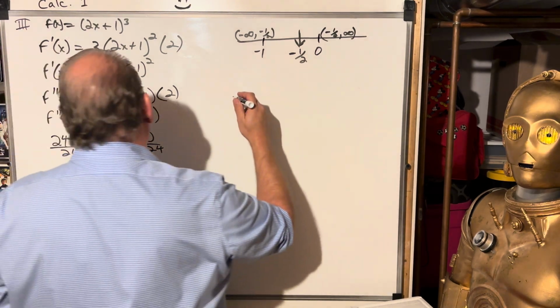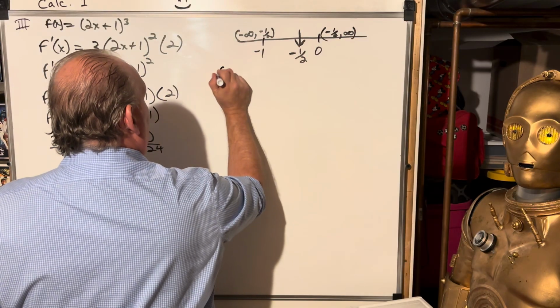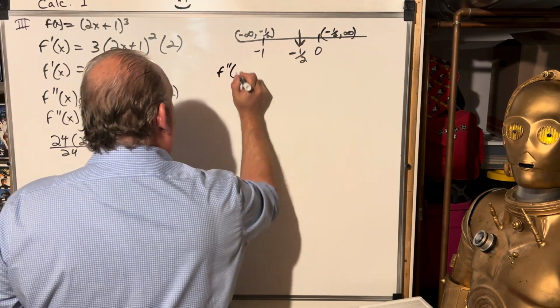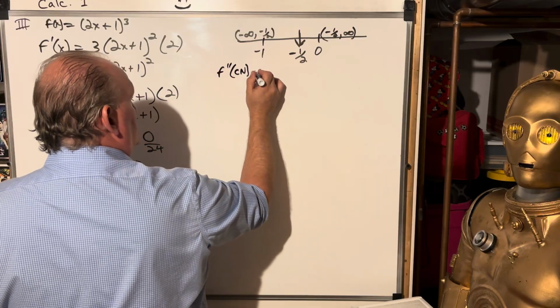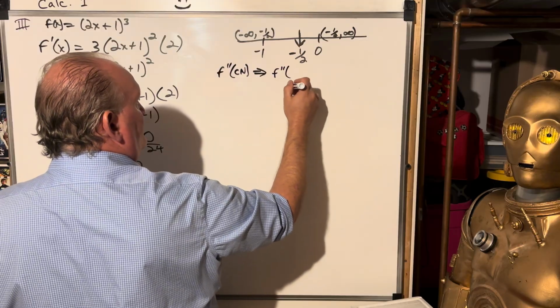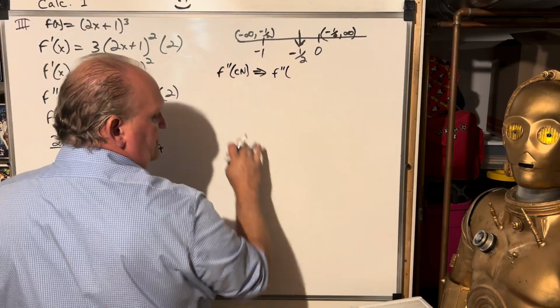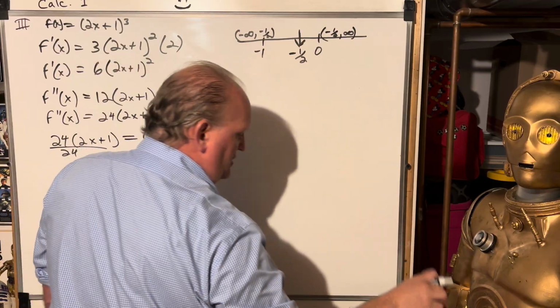So, okay, we're looking at the second derivative. So f double prime of our critical number, which in this case is f double prime of, or not of our critical number, we're just checking the interval. Sorry. Scratch that off.